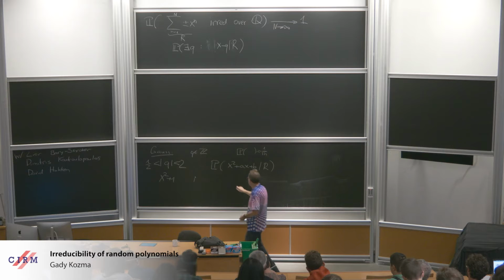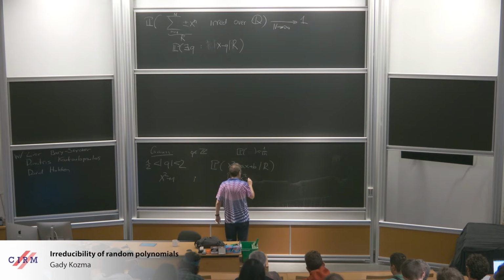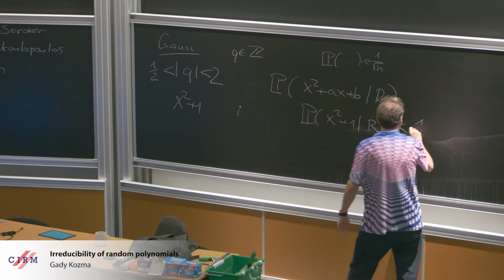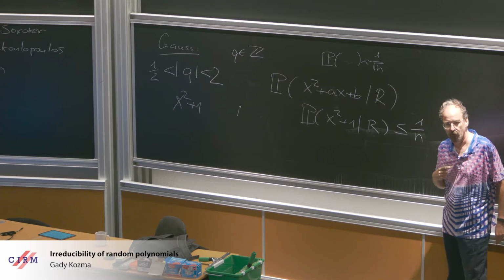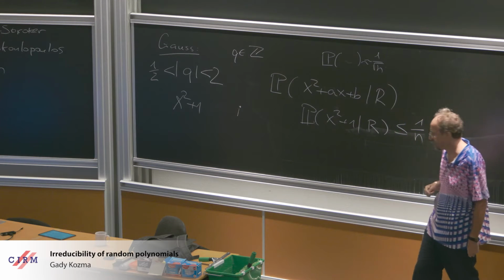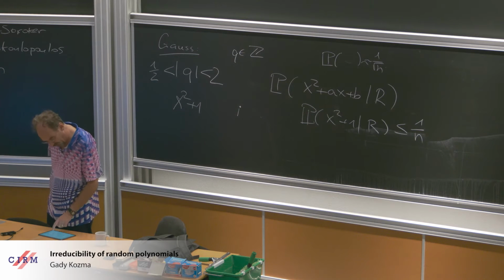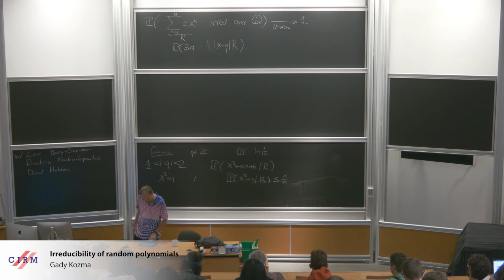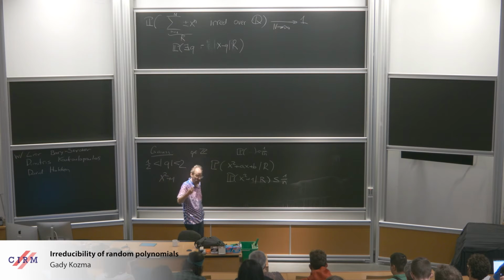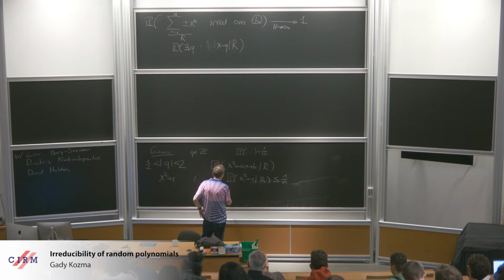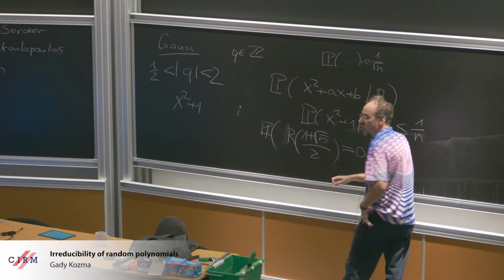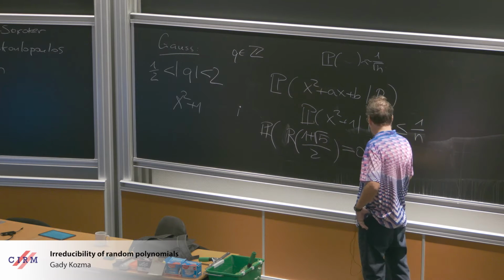So the probability that x squared plus 1 divides r is smaller than 1 over n, not square root n. And again, the smaller is just because of parity issues. Could be 0. If you go to numbers off the unit circle, for example, this already decays exponentially.